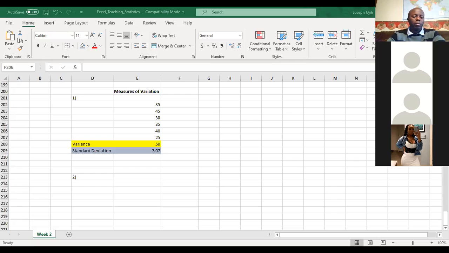Cars, then sales. For cars, we have the mean number of sales, then the standard deviation.